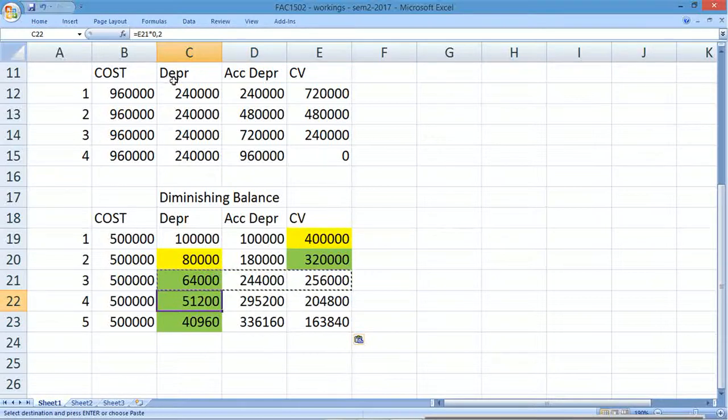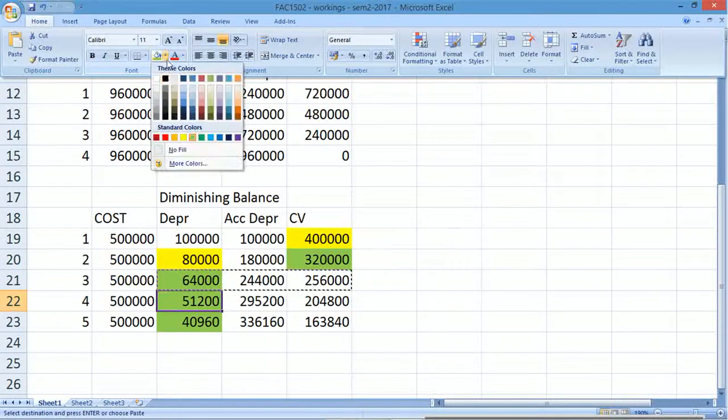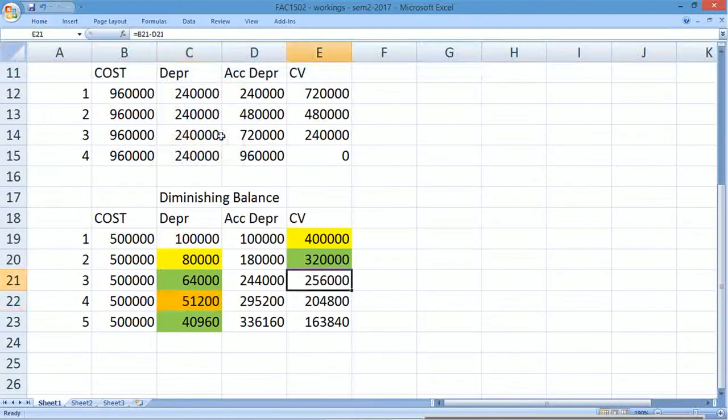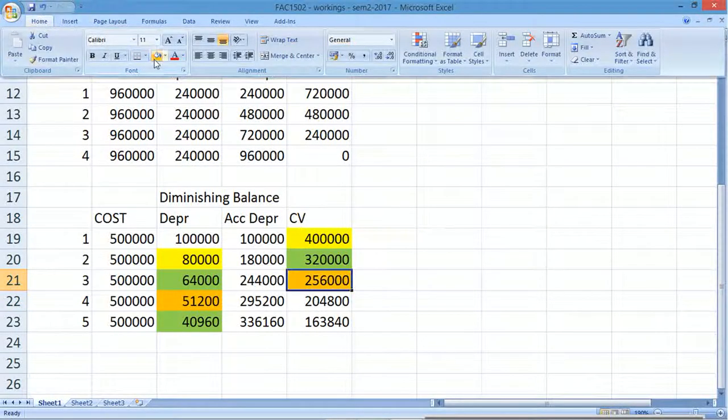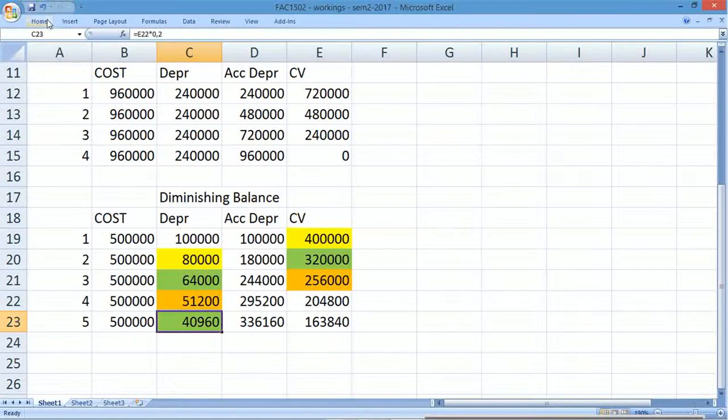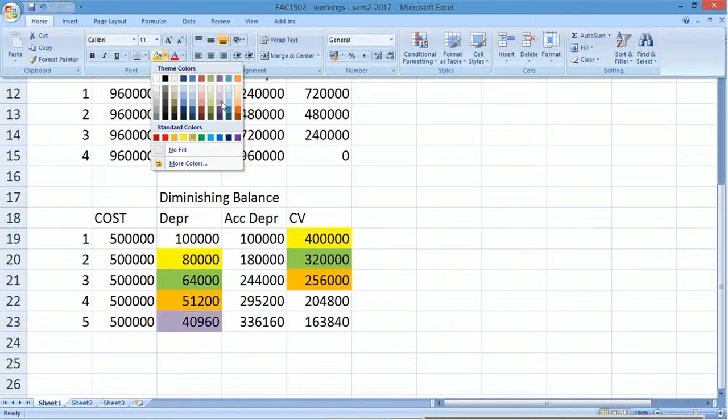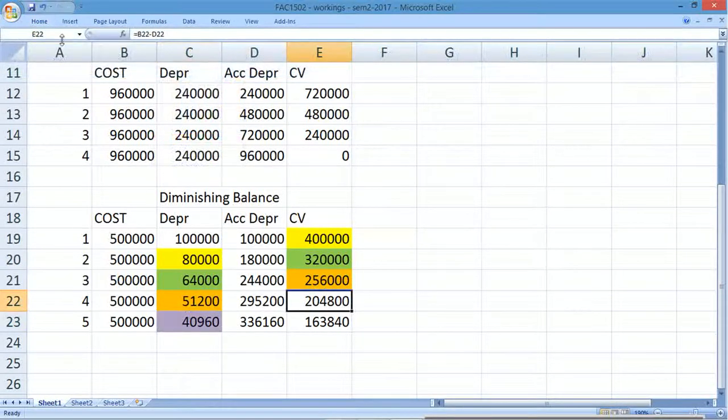And then you're going to do the rest. This gets calculated on that, and this gets calculated on that. And that's how you do diminishing balance.